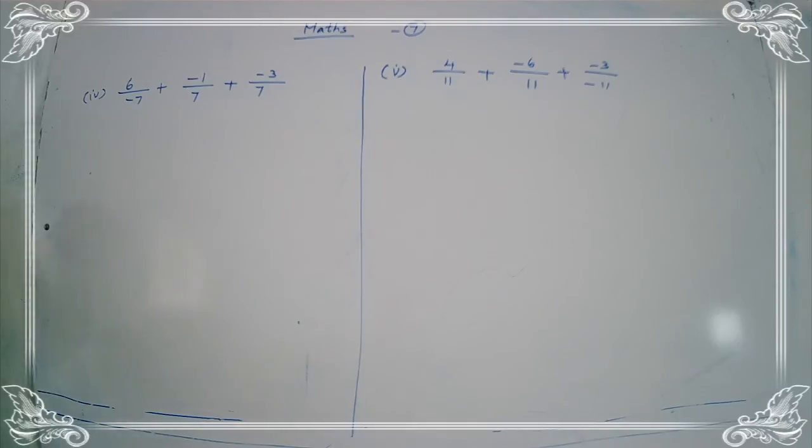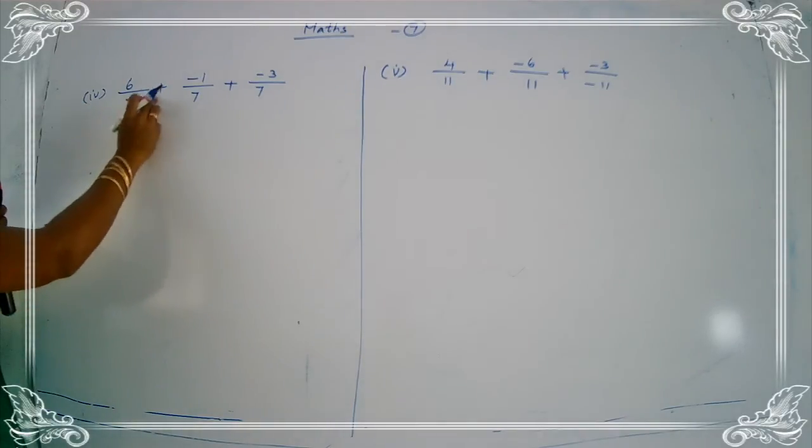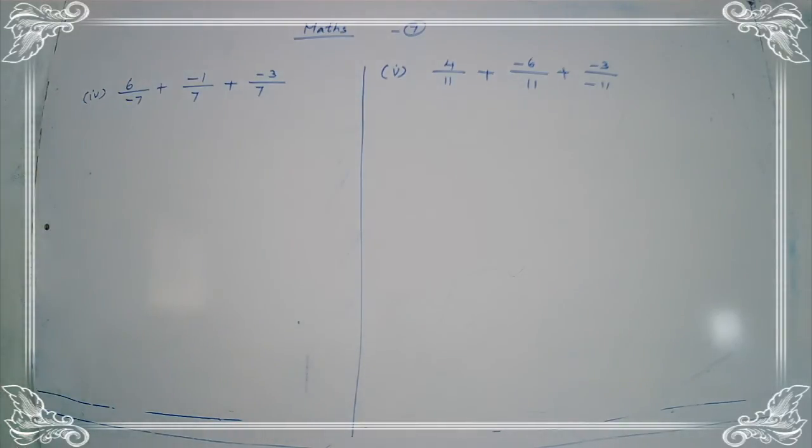Now the fourth question. 6 upon minus 7 plus minus 1 upon 7 plus minus 3 upon 7.